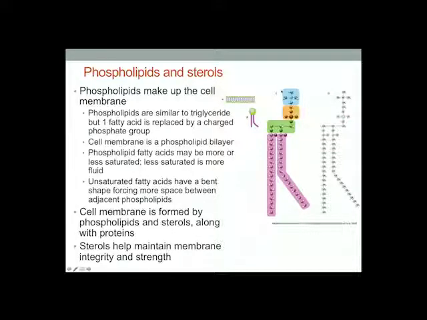And so that charged aspect of that one side makes that side have an affinity to water, because water is partially charged, and so it can interact with the charged side of a phospholipid. The fatty acid side of a phospholipid has only just the carbons and hydrogens, and that part is hydrophobic. So when you have a whole bunch of these phospholipids together, they will associate such that if there's water, they'll form what's called a lipid bilayer.